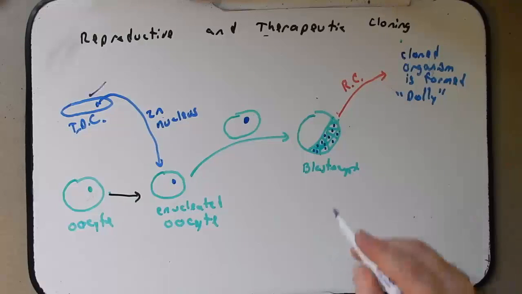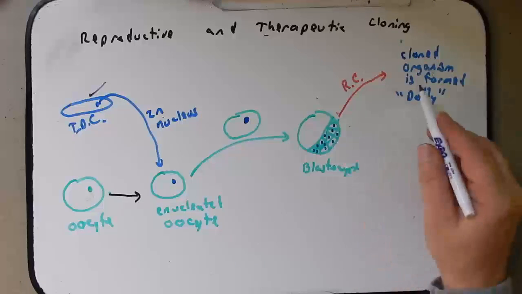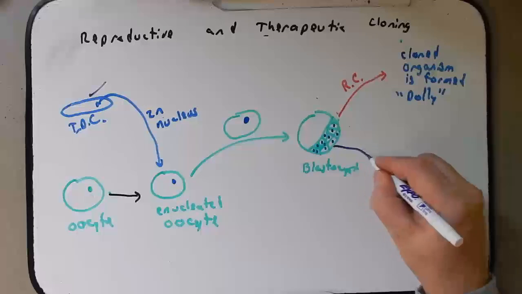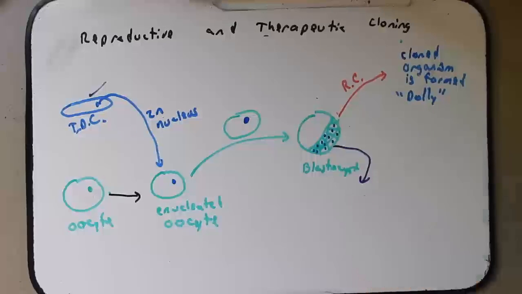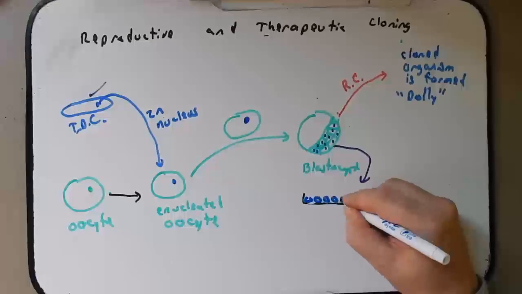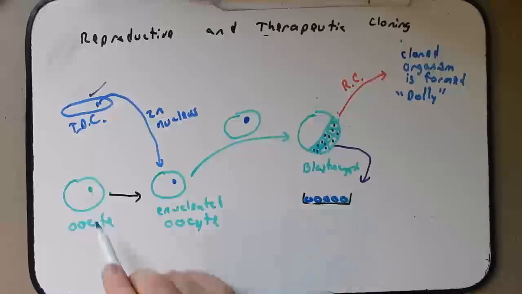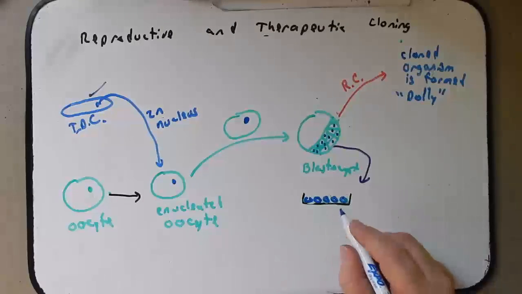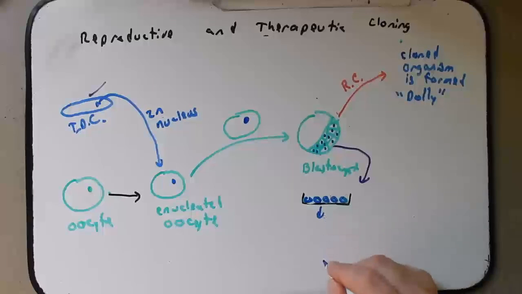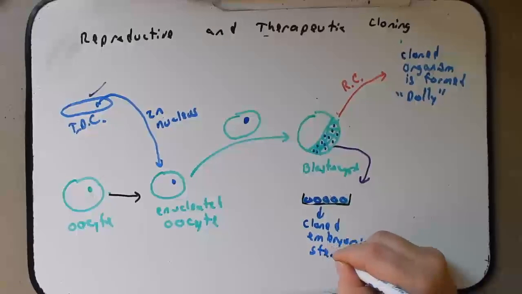to clone a human being. To get around some of the scientific and ethical dilemmas associated with cloning humans, we can take these cells and grow them in a petri dish. These cells will divide, and I'm going to draw these in blue to signify that they're going to resemble the donor nucleus more so than the oocyte. So these are cloned embryonic stem cells.